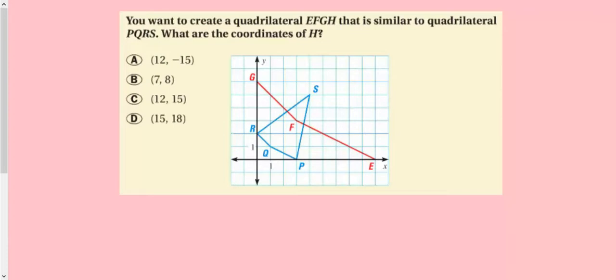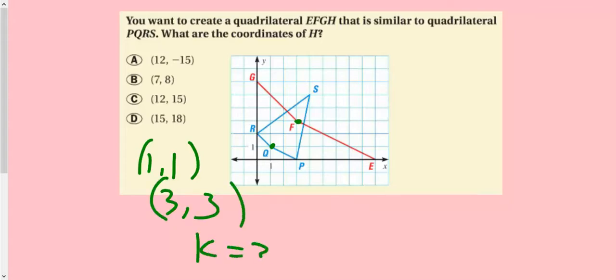Okay, you want to create a quadrilateral that is similar to this quadrilateral. What are the coordinates of H? Well, what I want to do is I want to find the scale factor. I want to find k. This is an enlargement here. So we go from 1, 1 to 3, 3. So the scale factor k equals 3.